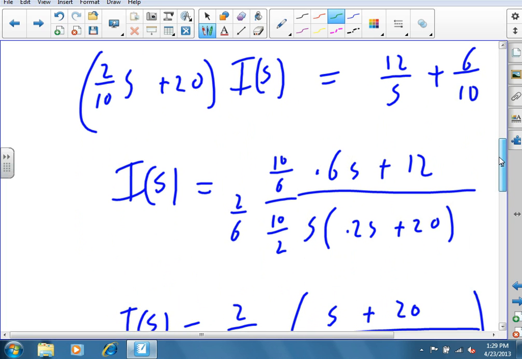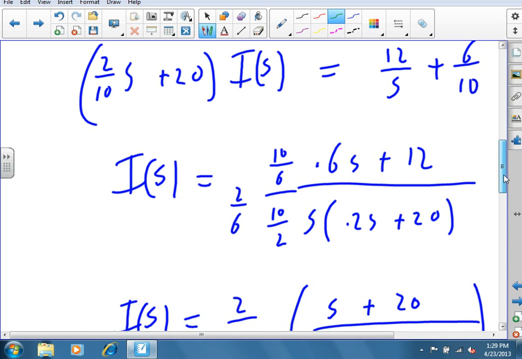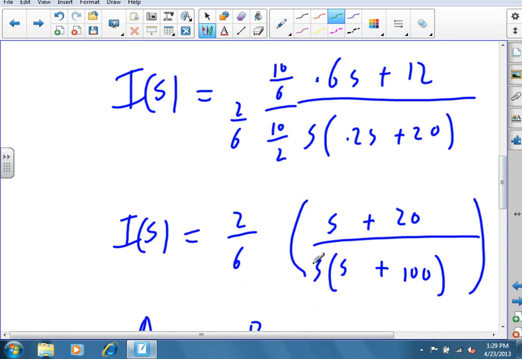Okay, 12. Yes. That's a 1. 6 goes into there twice, that's a 20.